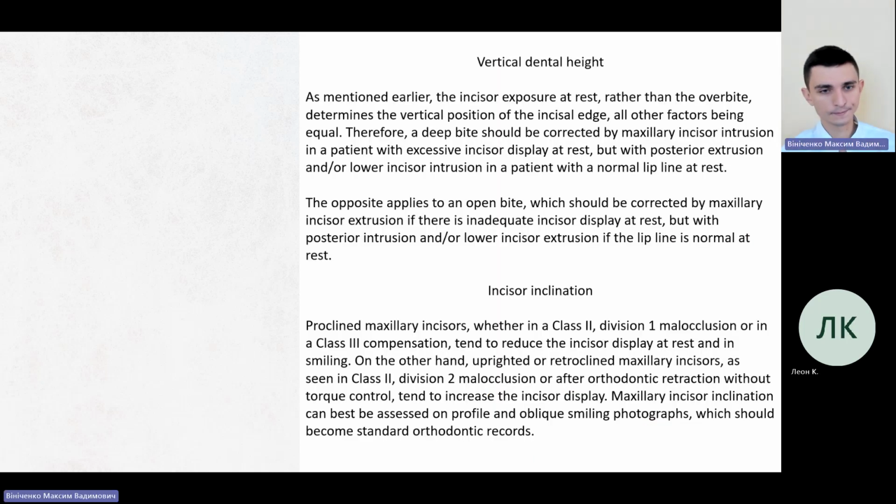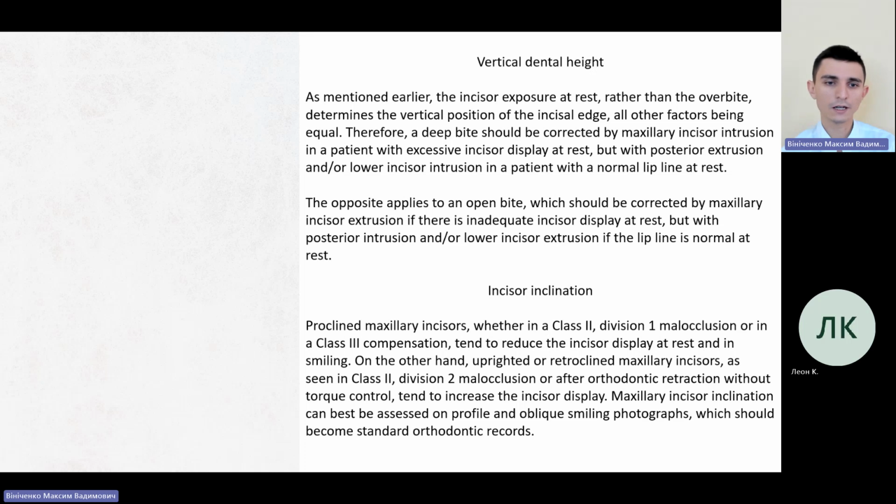Vertical dental height. As mentioned earlier, the incisor exposure at rest rather than the overbite determines the vertical position of the incisal edge, all other factors being equal. Therefore, a deep bite should be corrected by maxillary incisor intrusion in a patient with excessive incisor display at rest, but with posterior extrusion and low incisor intrusion in a patient with a normal lip line at rest.